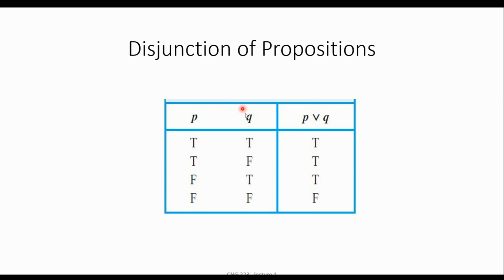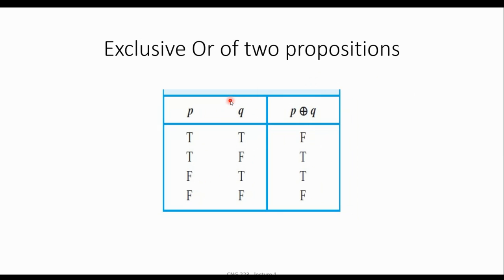Sometimes we want to make sure that if only one of them is true, then we want to include that this is true, not both of them. In that case, we consider the exclusive OR, and we denote it by this sign. So you see, in that case, one of them should be true.